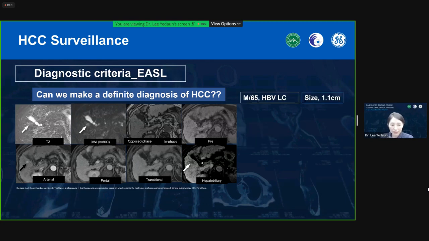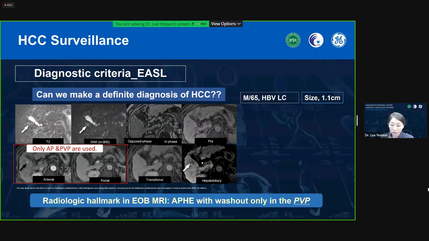So let's start with the EASL criteria, which propose the simplest diagnostic approach. According to these guidelines, only arterial and portal venous phase can be considered when you make a diagnosis of HCC on EOB MRI. The radiologic hallmark on EOB MRI are defined as arterial hyperenhancement and washout only in the portal venous phase.